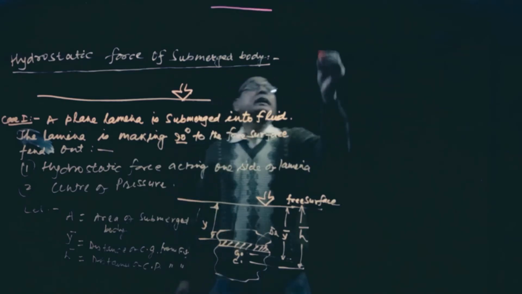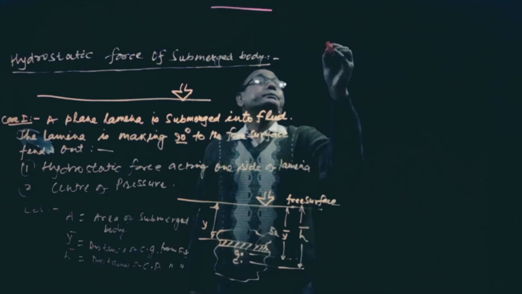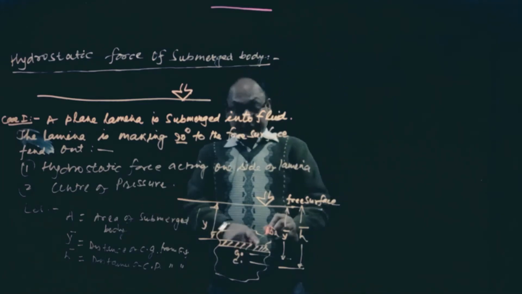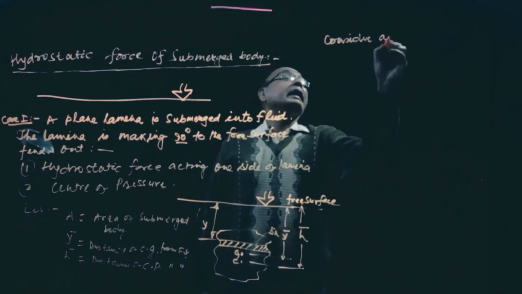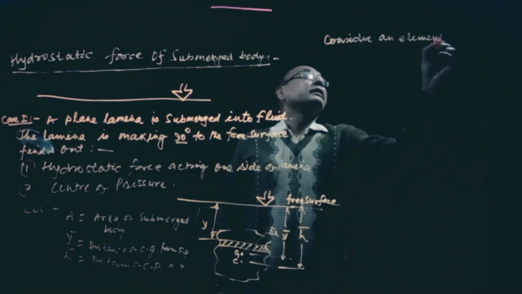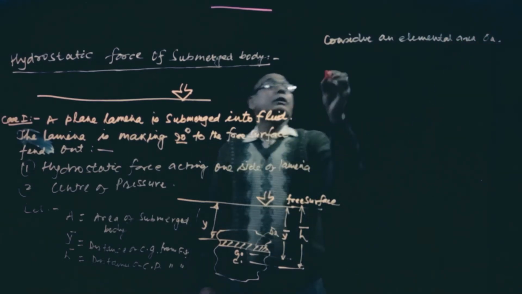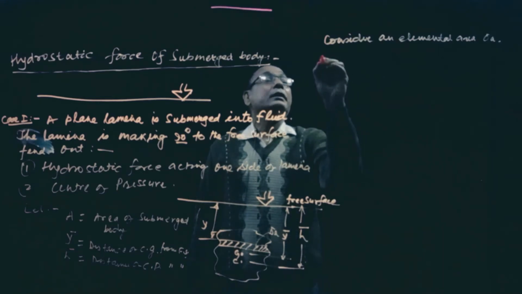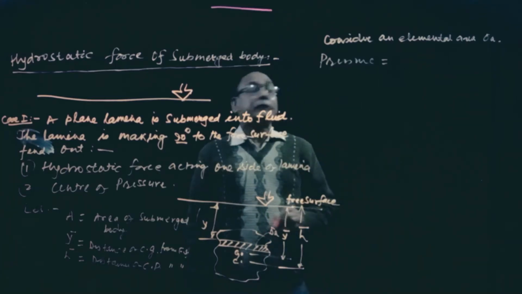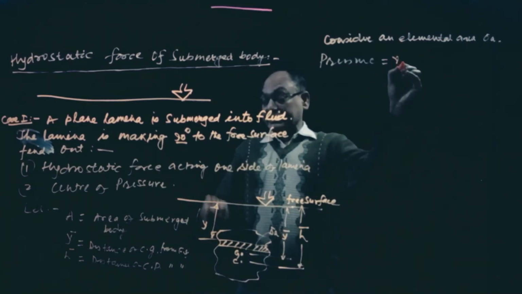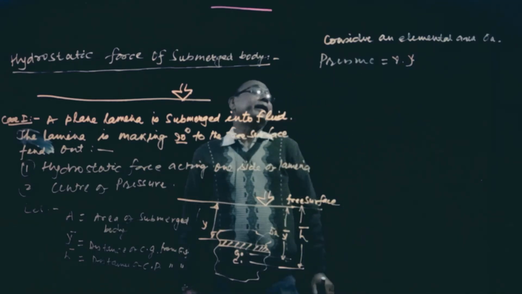Okay, so now let us consider, we have to find out the hydrostatic force. This is elemental area. Consider an elemental area of delta A. Okay, so pressure will be, as we know, P is equal to gamma into H. So gamma into H, instead of H here Y. Okay.